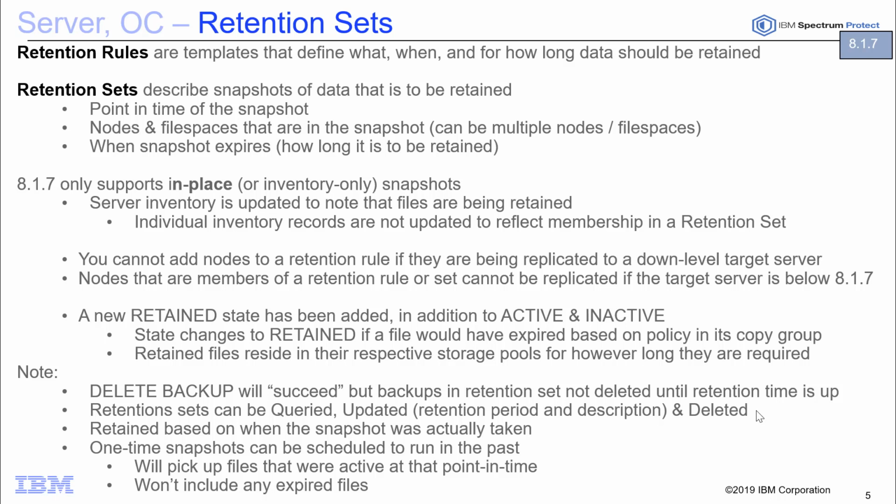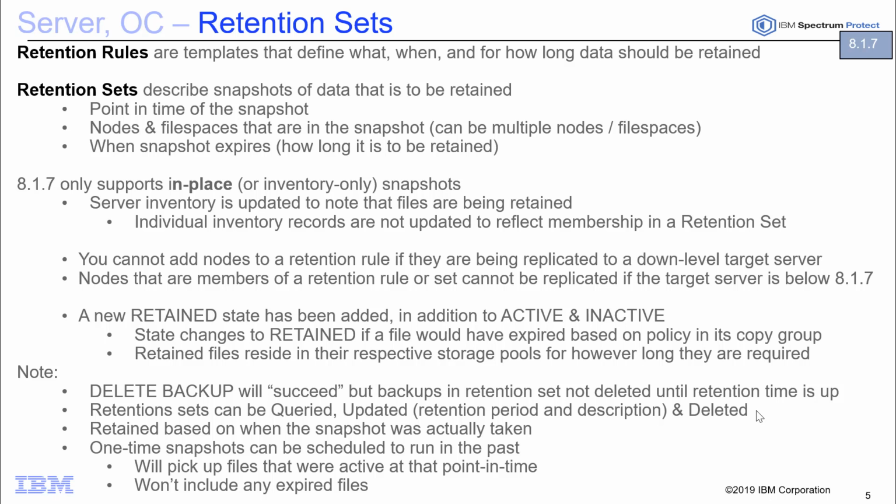In 8.17, we only support in place or inventory only snapshots, which means we are not making additional copies of the already backed up data, nor do you have to re-back up that data. We're simply taking what's already in our storage pool inventory and we're updating our server metadata inventory with a note that these files are now being retained as a retention set.